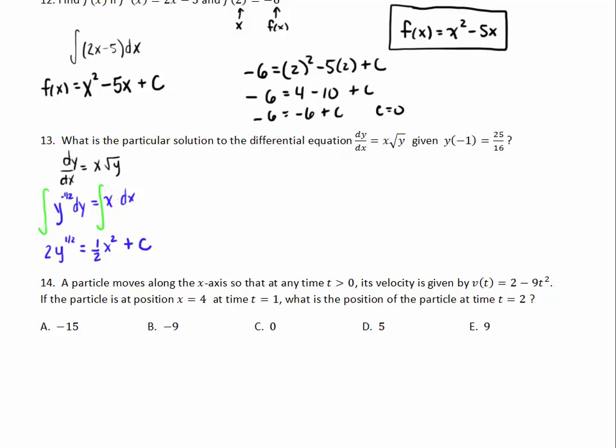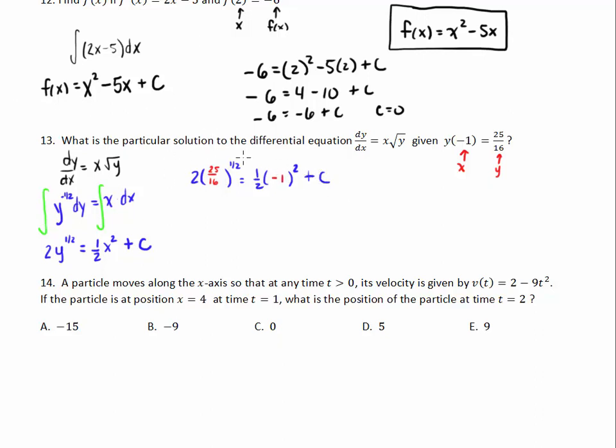So we are going to plug -1 in for x, and our output is 25/16, which is our y value. So we have 2 times 25/16 to the 1/2 power equals 1/2 times our x value squared, and our x value in this case is -1, plus c.